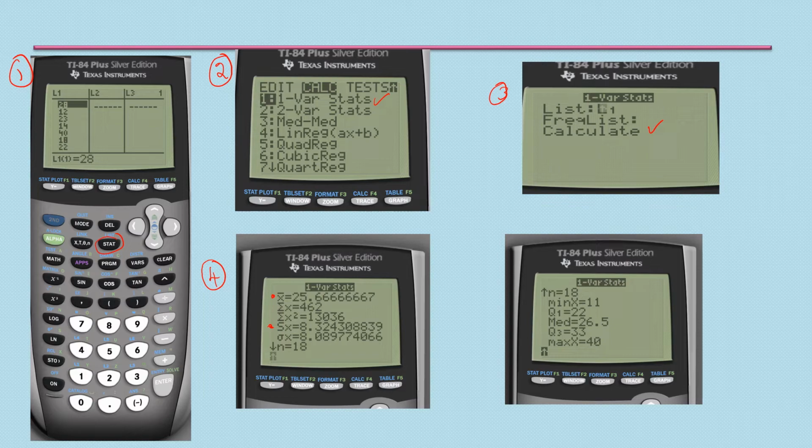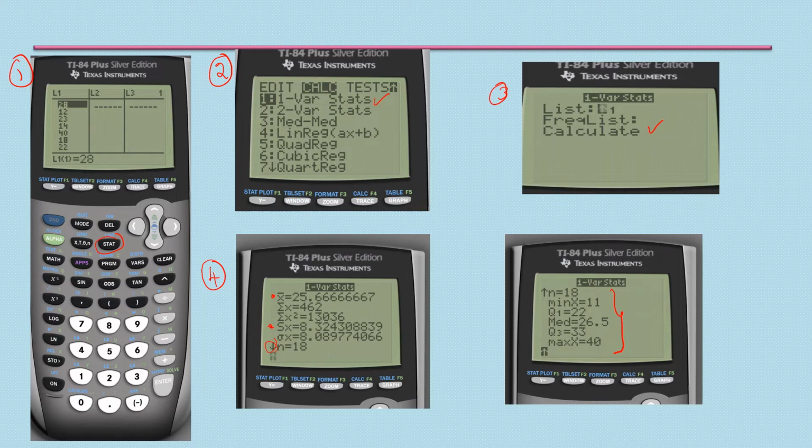And then when you use this arrow and scroll down, you may find the minimum, Q1, median, Q3, and the maximum value in your calculator.